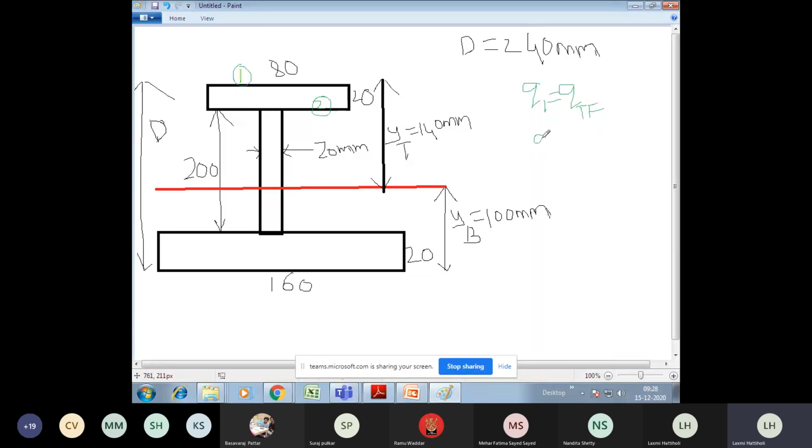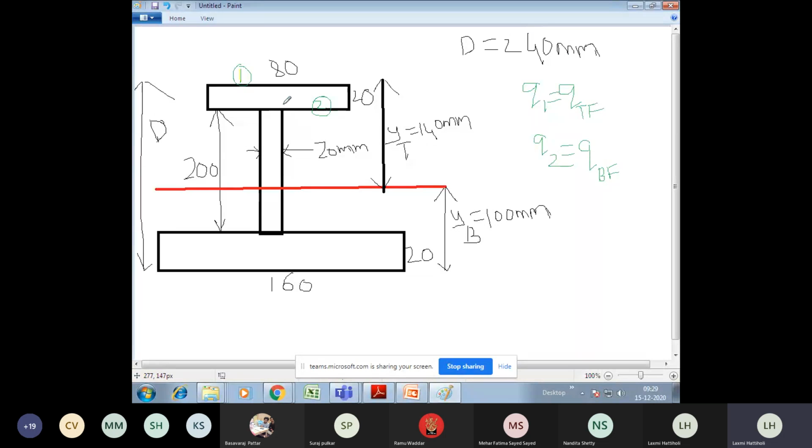You can consider this as Q2, or you can take it as QBF, bottom fiber. These two, Q1 and Q2, are for the top flange.